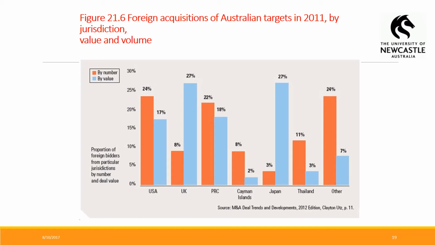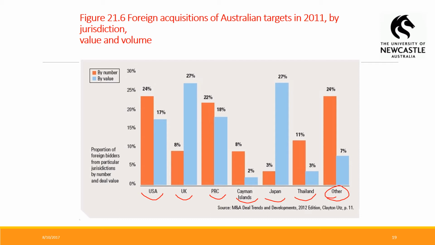In the next graph, we're looking at foreign acquisition of Australian targets in 2011. So what we have here is Australian companies acquired by either the US, a UK firm, a Chinese firm in the Cayman Islands, a Japanese firm, Thailand, and firms from other regions, right?